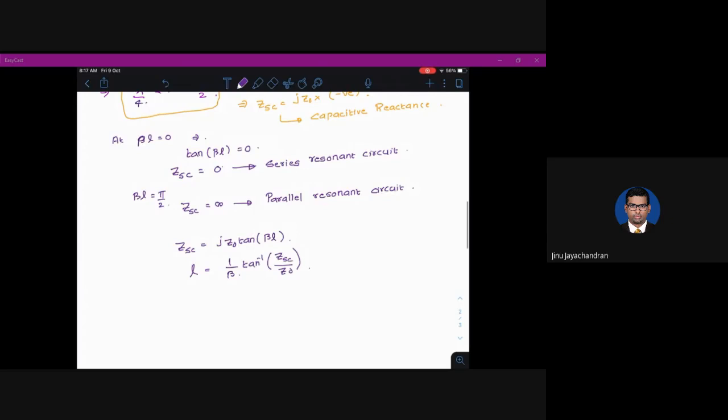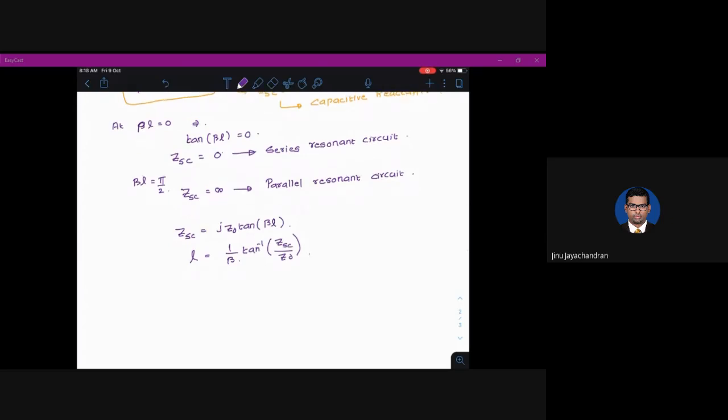So to find a particular length for a particular impedance Z_SC, which is the impedance or reactance X that you want to have, what should be the length of the transmission line if the transmission line is short circuited? This is the expression for the length of the transmission line.